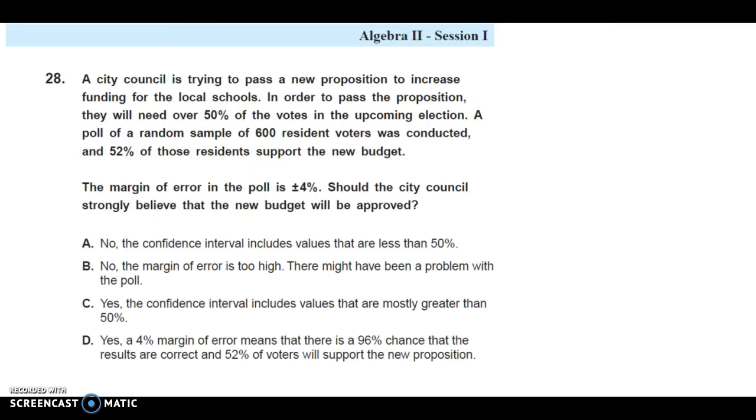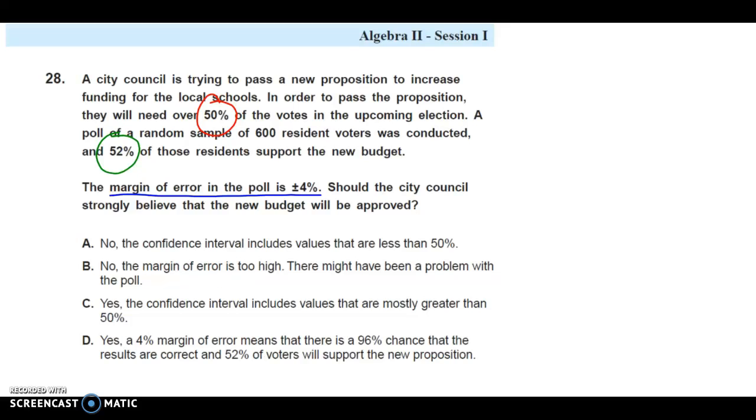And lastly, a city council is trying to pass a new proposition to increase funding for the local schools. They need 50% to pass it. Some people voted, and they found out that approximately 52% support. But they need 50% to pass it. Then they tell you that there was a margin of error.